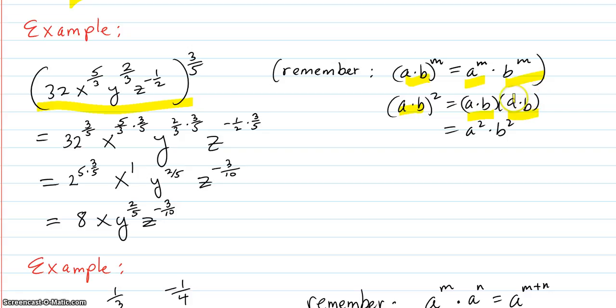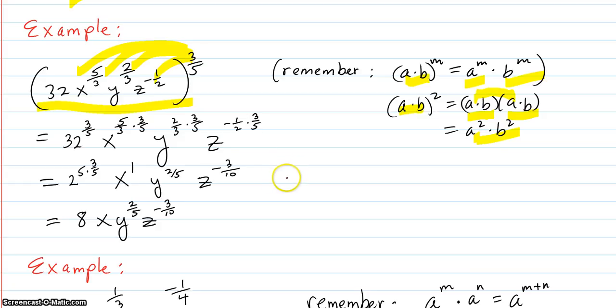And you can use the commutative property of multiplication to move the a next to the a, it's a squared, and move the b next to the b, b squared. So it's a to the m, b to the m. So we're going to multiply this on all the exponents that are here, and get 32 to the 3/5, x to the 5/3 times 3/5. That's what you do when you multiply.